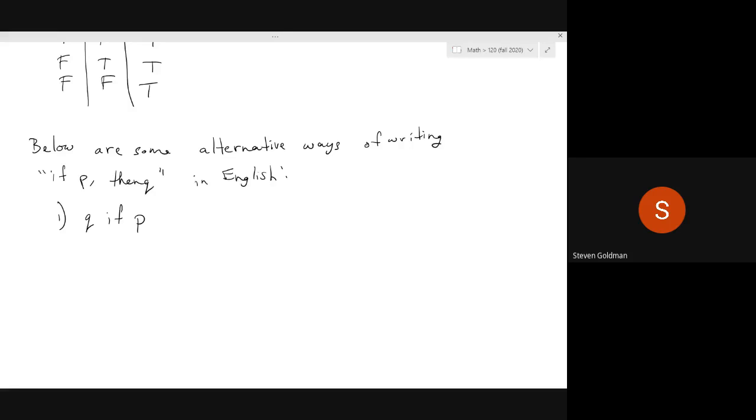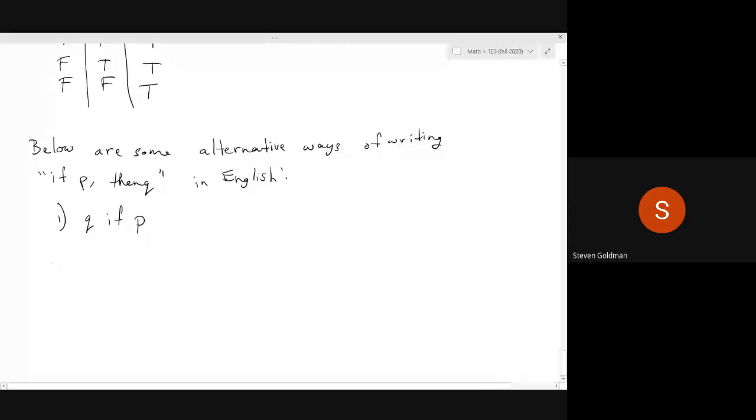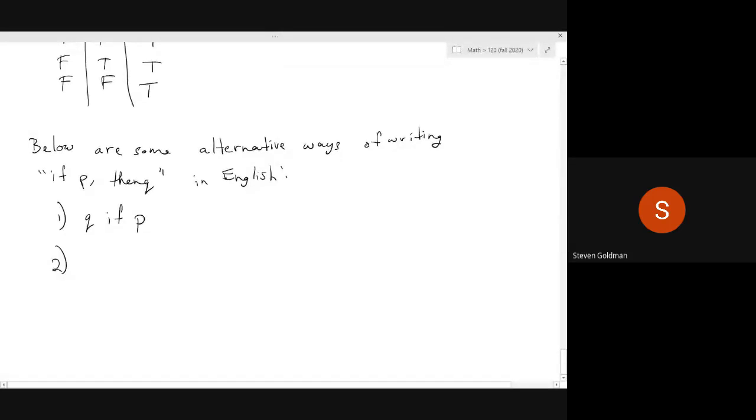Second, if you see a sentence written in the form P only if Q, that's also a conditional statement. That's the same thing as saying if P then Q. Again, P would be the hypothesis, Q would be the conclusion. Another way would be if you have a sentence that says P is sufficient for Q.